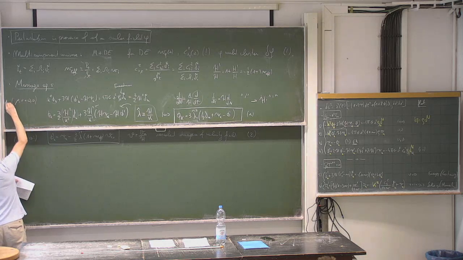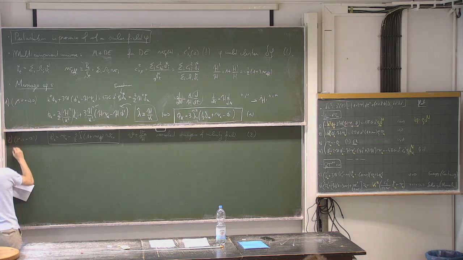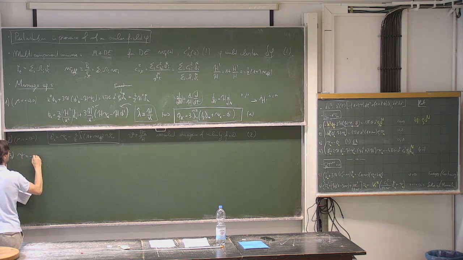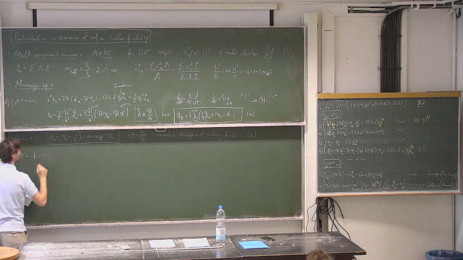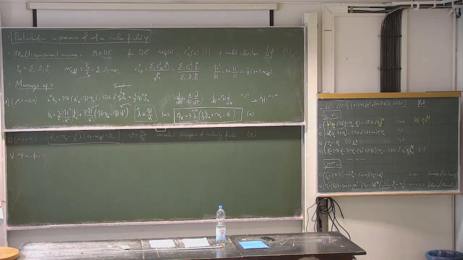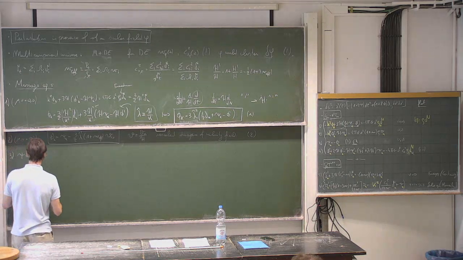So let's put it here: 1, 2, equation 3. That's just as trivial as that. And recall that in a non-general relativistic case, we would have that. Now, not. Okay? Good.